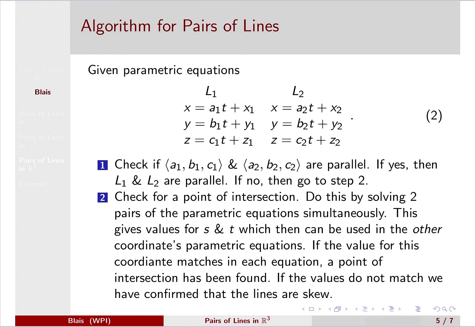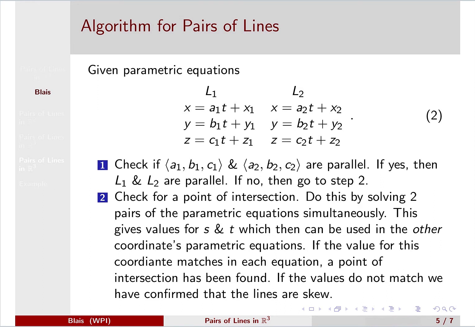And in this step, we think about there being two possibilities left. One is that they are intersecting. And two, if they're not intersecting, we already confirmed they're not parallel. So if they're not parallel and they're not intersecting, then they must be skew. And so we check this by looking for a point of intersection. To do that, we pick two pairs of the parametric equations.